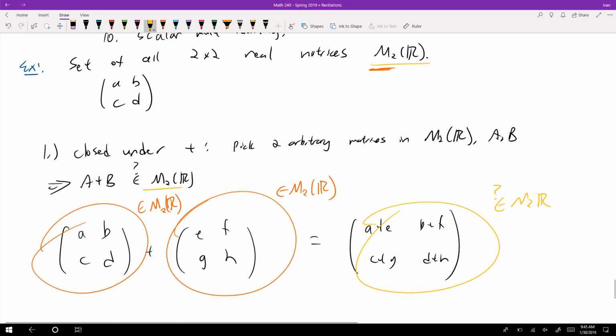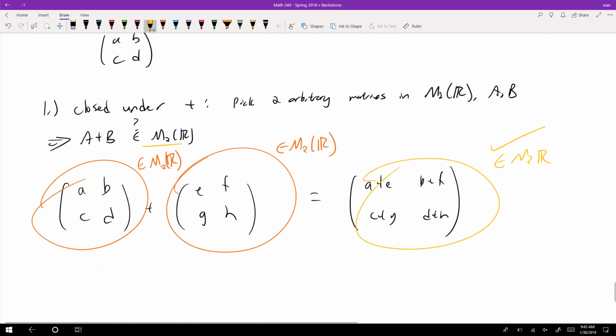Because what's the definition of M2R? 2 by 2 matrices that have real numbers inside of them. Well, is A plus E a real number? Yeah. Is B plus F a real number? Yeah. So this thing is a 2 by 2 matrix of real numbers. So this is a matrix in M2R. What we've shown is that for any two arbitrary matrices that we choose, their sum is also going to be a 2 by 2 matrix with real numbers inside. Okay? So we've shown closure under addition.